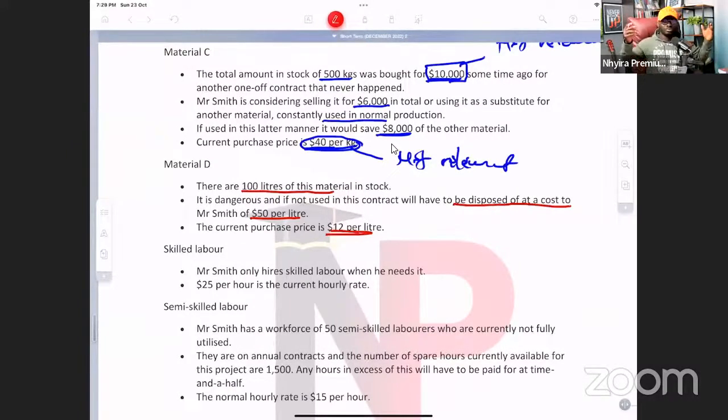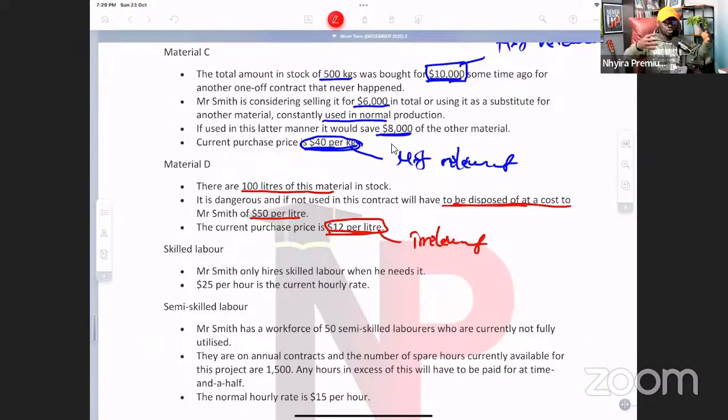Now, there are only two options available for this material, which is already in stock. Either we use it for this order or we have to dispose of it. Hence, the current purchase cost of $12 per liter is irrelevant. Now, if we use it for this order, what is going to happen then is that Mr. Smith will not have to pay the disposal cost.